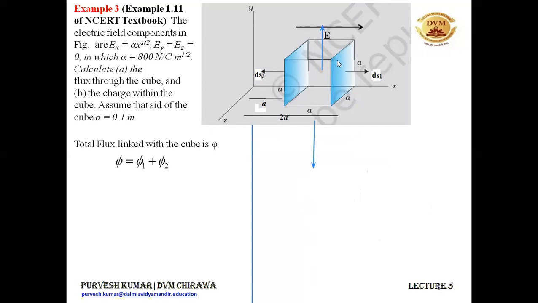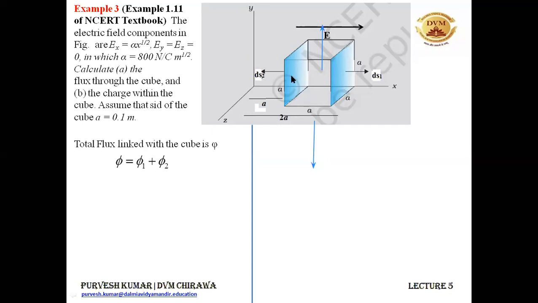Since this cube has 6 surfaces, we need to find the flux through each surface, and the 4 surfaces make an angle of 90 degrees with the electric field. The area vectors of those 4 surfaces make an angle of 90 degrees with the electric field. That's why the contribution of the flux through those surfaces comes out to be 0 because cos 90 is 0. Then we are left with only two surfaces.